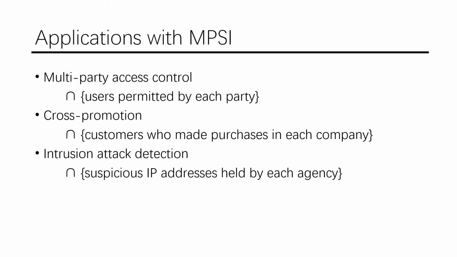One more example, consider a set of governmental or commercial entities wishing to collaborate to detect a possible intrusion attack to a common network. Each entity must protect the privacy of its information and its customers. And MPSI protocols can solve the problem of finding the intersection of the sets of suspicious IP addresses held by each agency without leaking any parts of the sets except the intersection.